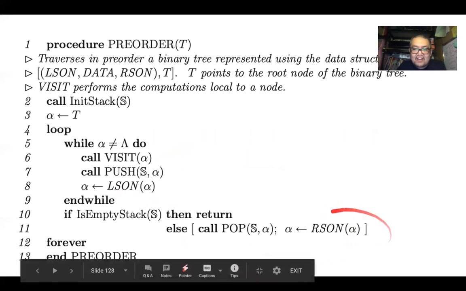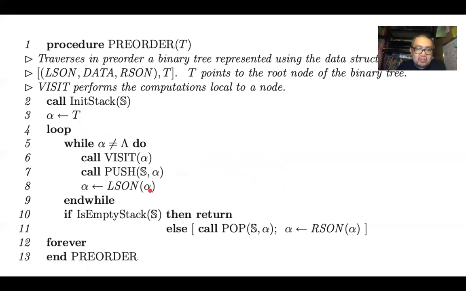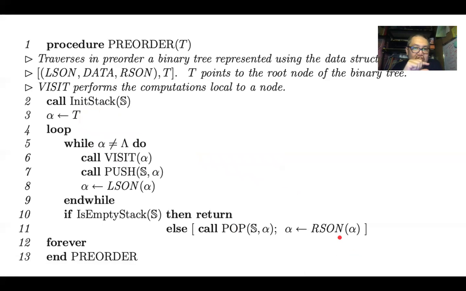And we have an alpha pointing to the right of alpha, which is basically going to the right subtree. So visit, pre-order left, pre-order right. The same idea that we had in the recursive version of pre-order traversal, we still have in this version. However, as we can see, this is not recursive, but rather iterative.